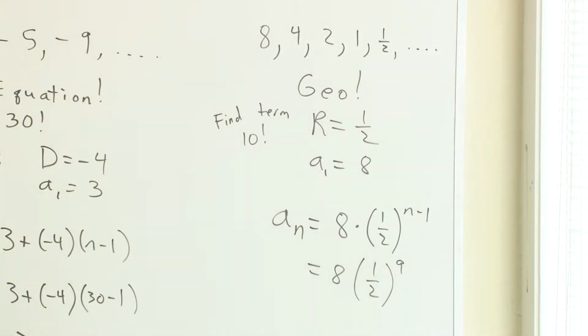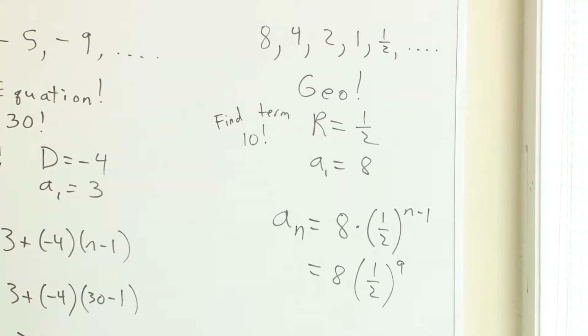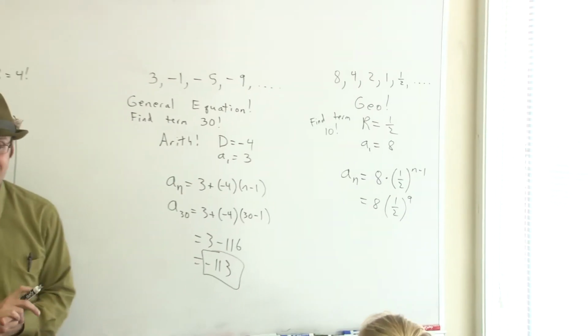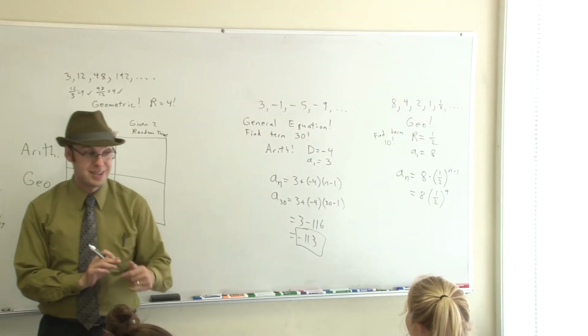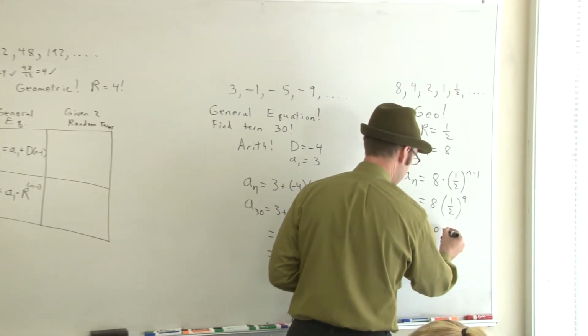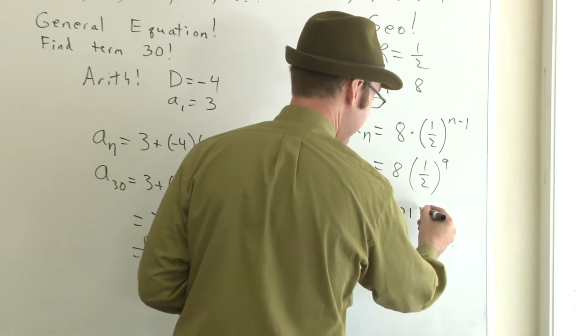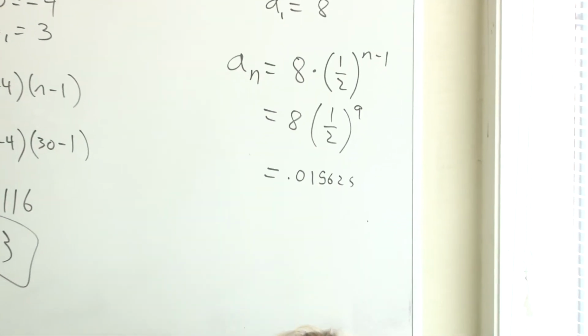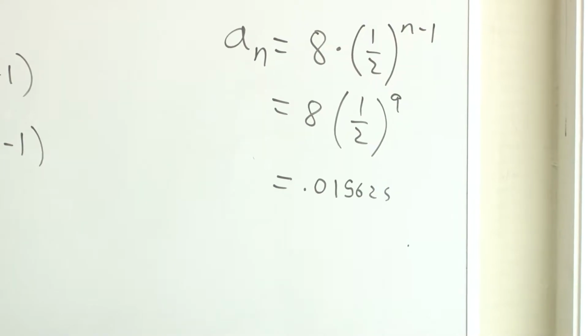So 1/2 to the 9th, of course, which is, we all know, is 0.01565. Times 8. Oh, no. Is that with the times 8? That was with the times 8. All right. Change it to a fraction. 0.015625. Is that the end of it? I think so. Okay, fair enough. Could be.